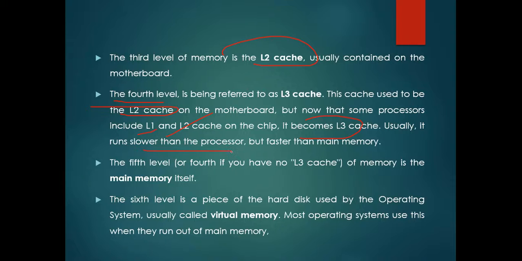Usually it runs slower than the processor, but fast enough to be called cache because it is faster than the main memory. Then the fifth level is the main memory itself. And the sixth level is a piece of the hard disk used by the operating system, usually called virtual memory. Most operating systems use this when they run out of memory.